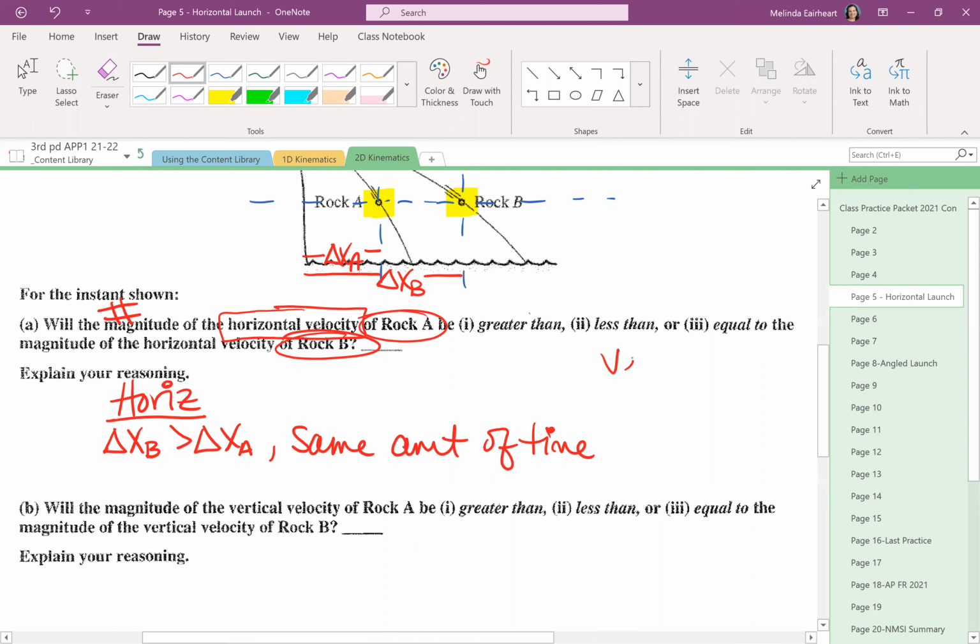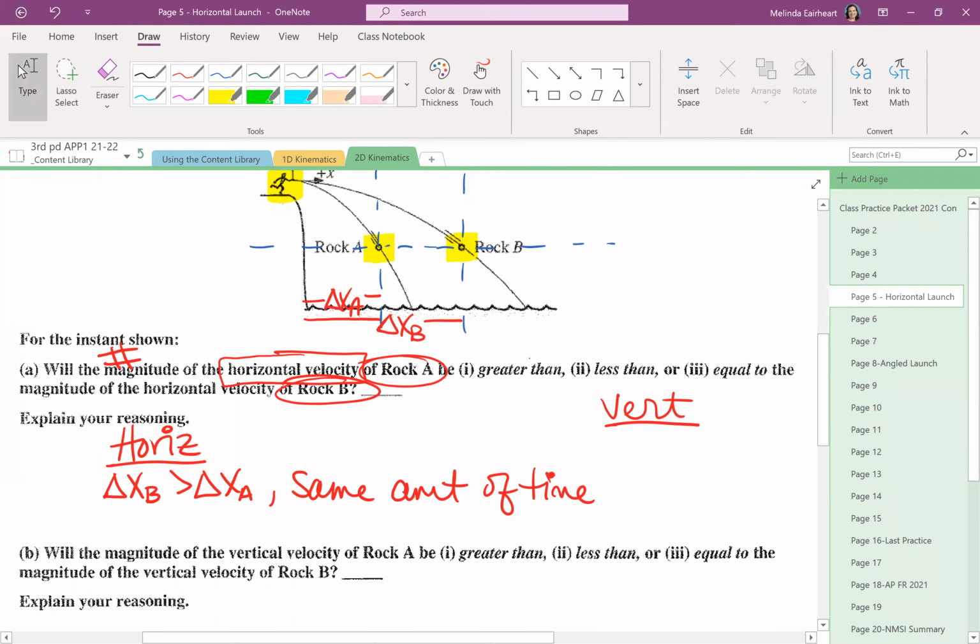But let's think about vertical. Okay, we'll come to find out that time is actually vertically dependent. So tell me about the vertical information for these two. Since they're at the same vertical level and there's no vertical velocity for them.